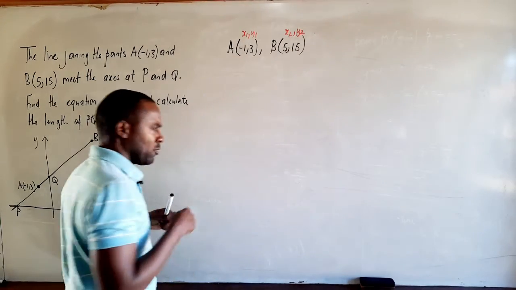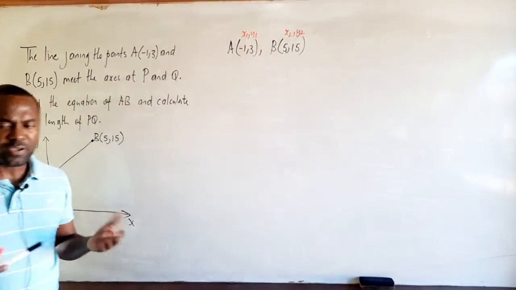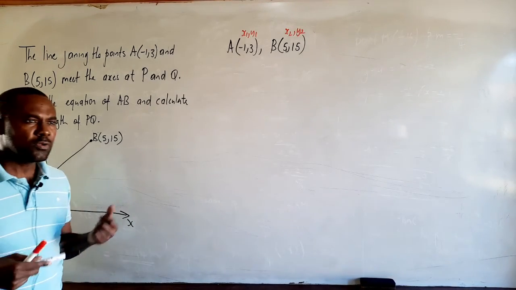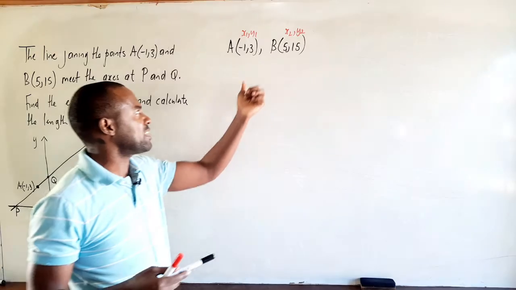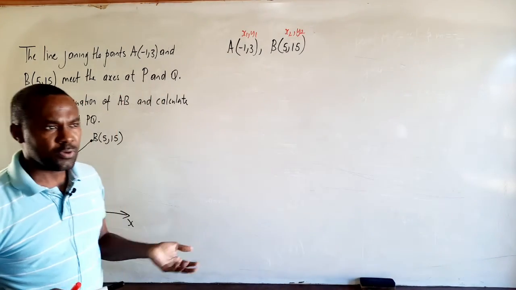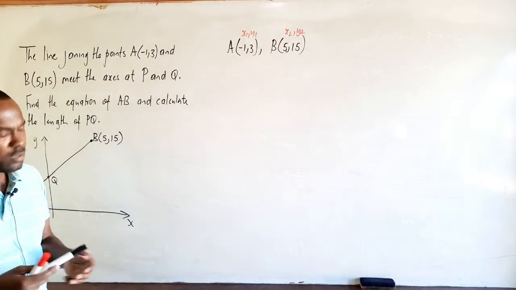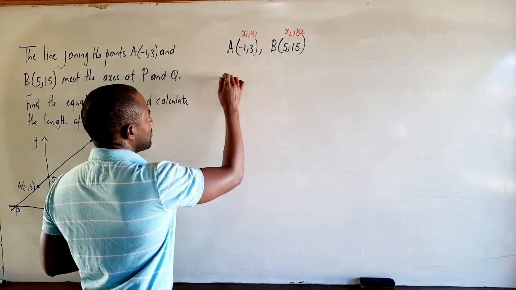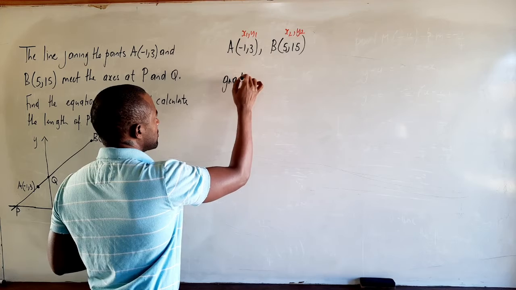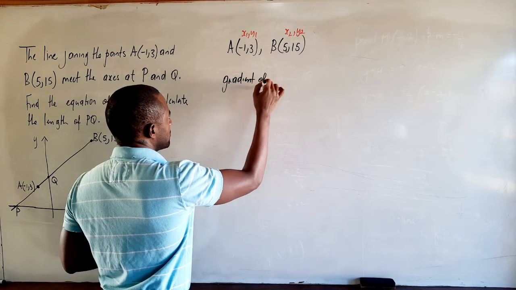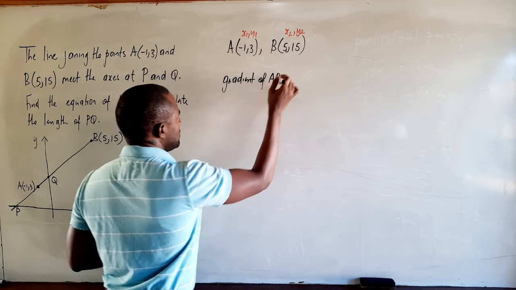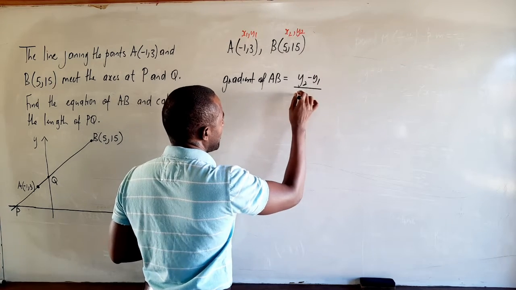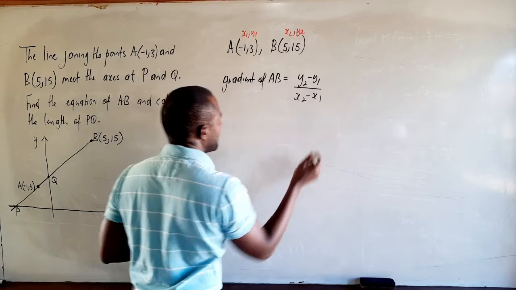To find the equation of AB, we first have to find the gradient of AB, and then use that together with one of the points, either A or B, to find the equation. So let's find the gradient of AB, which is equal to y2 minus y1 divided by x2 minus x1.